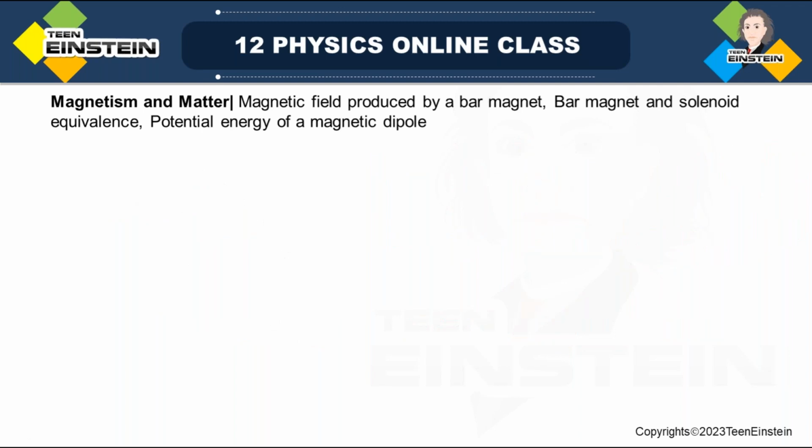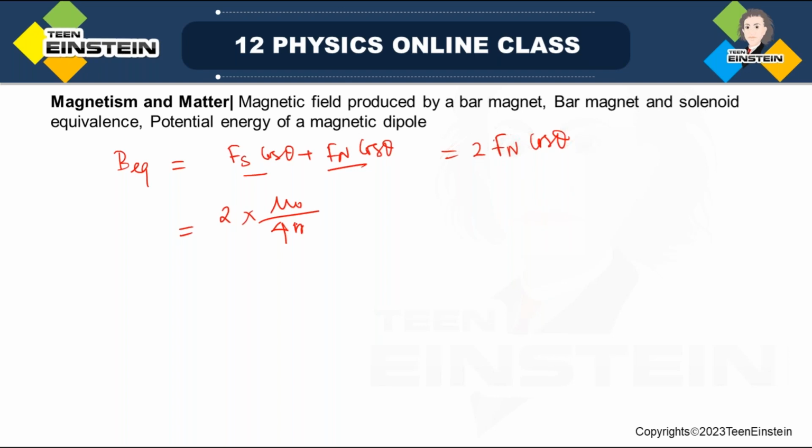So the net magnetic field at the equatorial point is Fs cos theta plus Fn cos theta, and both are the same, so I can write 2 into Fn cos theta. Fn is mu 0 by 4 pi, qm, over r square plus l square.